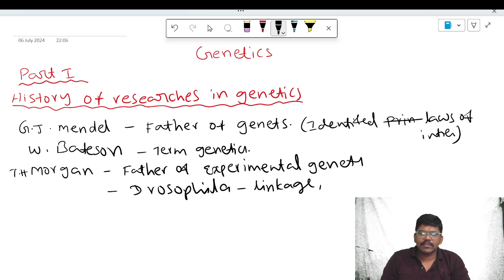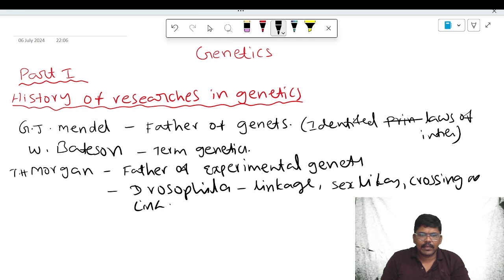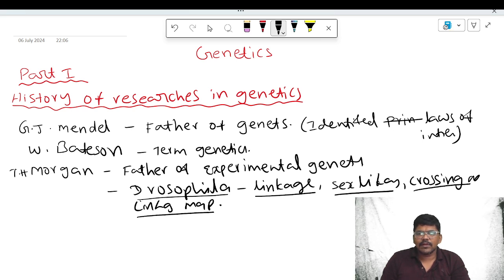Physical association of genes on the same chromosome is called linkage. He also worked on sex linkage, crossing over, and linkage maps. He did different experiments on Drosophila to know about these.